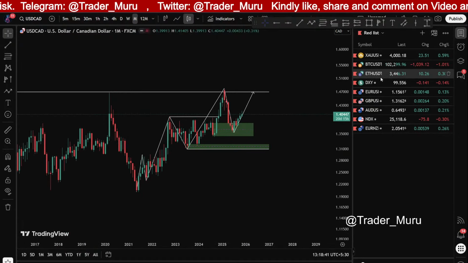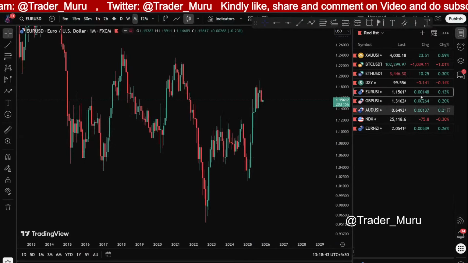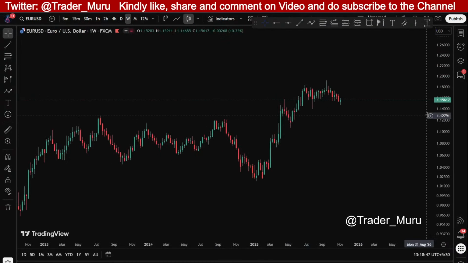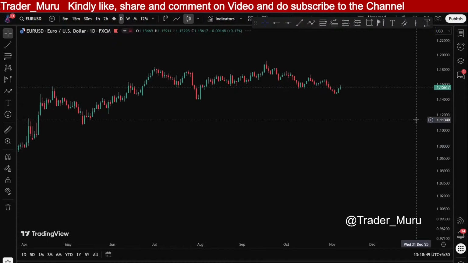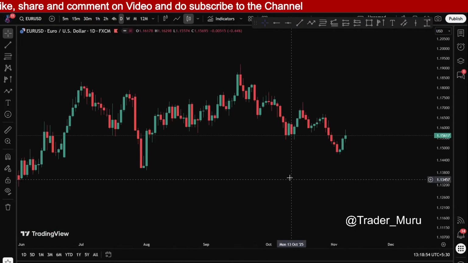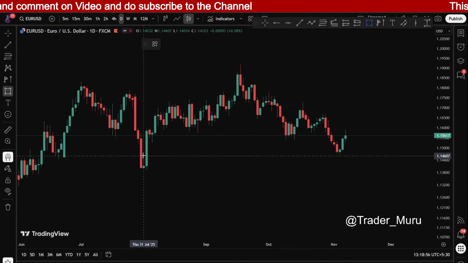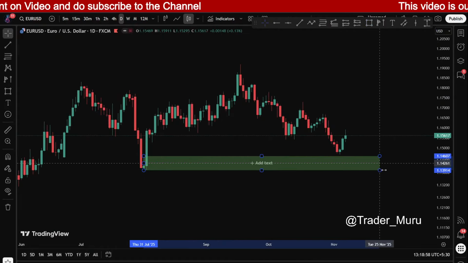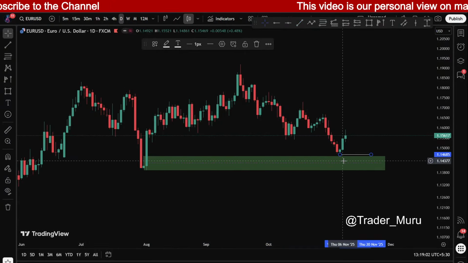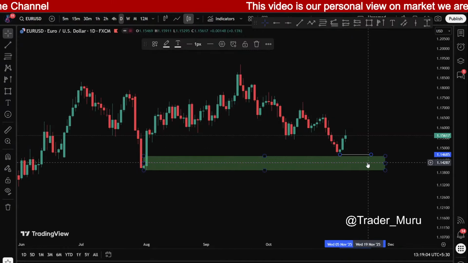And for euro, I was expecting price to test near these areas, but it is moving before it. Here, I was waiting for this area, and now price is moving before it. So I will wait for a test of my zone, and then I will enter the trade.